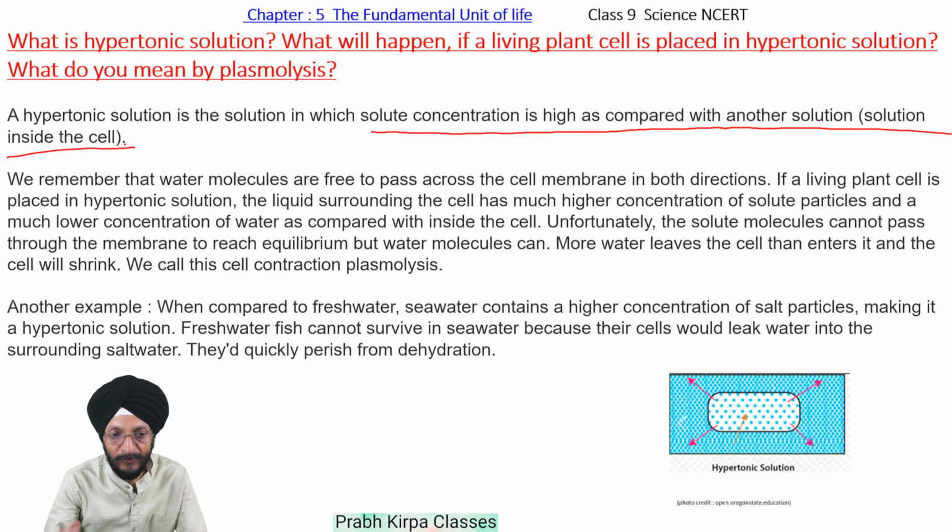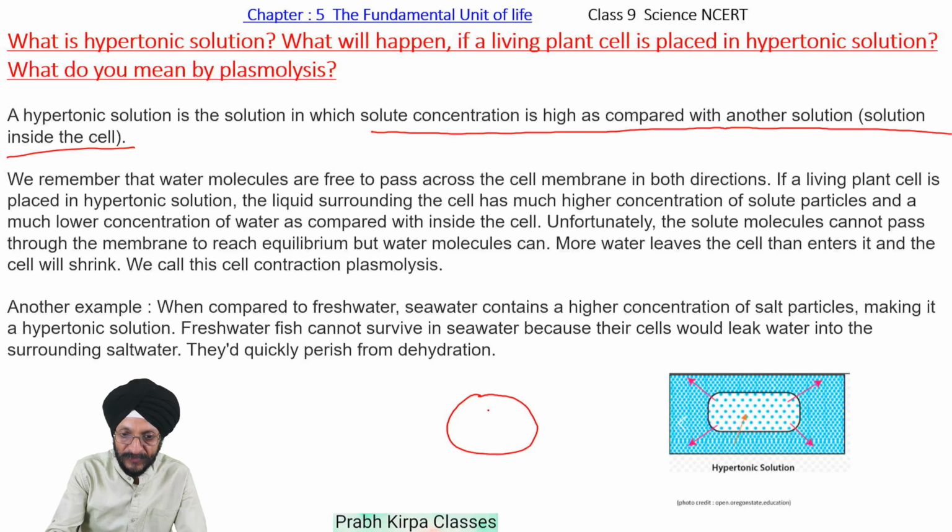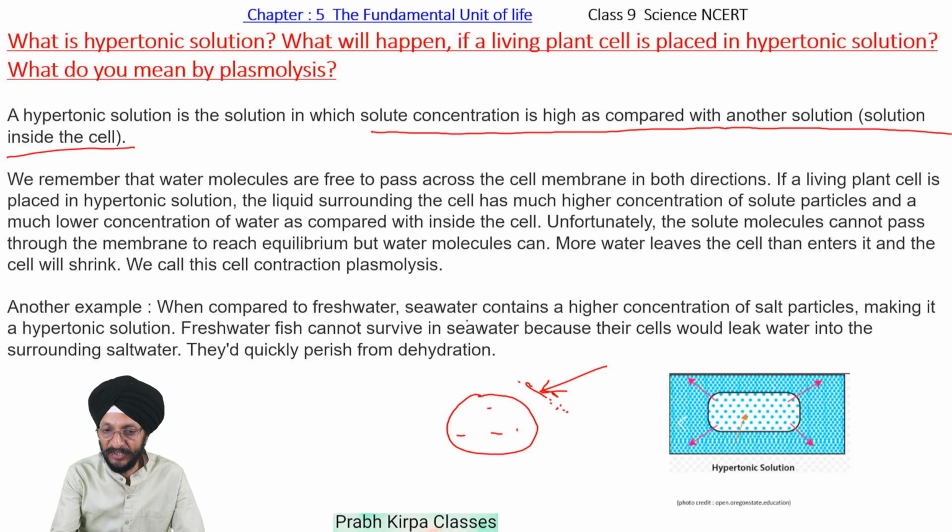Here, when we are talking about a hypertonic solution, we are saying that this is the cell. It has its own solution. There is a solution outside the cell. If the solution outside the cell has more solute concentration as compared to what is found inside the cell, then this is the hypertonic solution.